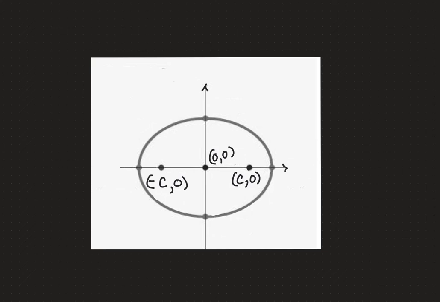We could call the intersection of that major axis, because it's the longest one, that vertex A, 0, and this vertex negative A, 0. Why? Because that's what we've chosen to call it. Now, the endpoints of the minor axis are located on the y-axis of our coordinate plane, and so the x values for each of these will be 0, and we'll call the y value b.